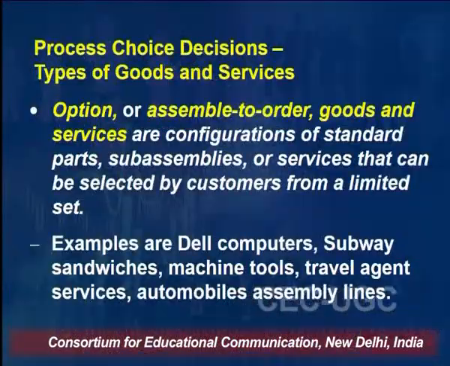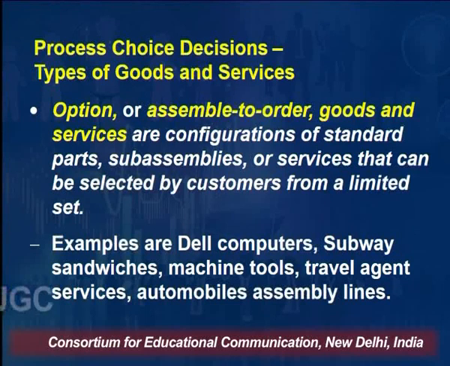Second type of products, we would say, are option or assemble to order goods and services. They are configurations of standard parts, sub-assemblies or services that can be selected by customers from a limited set.